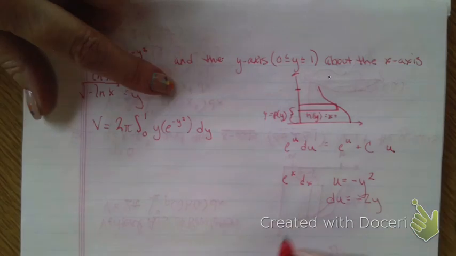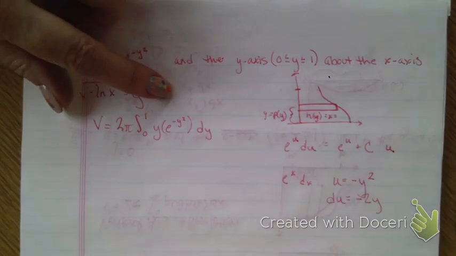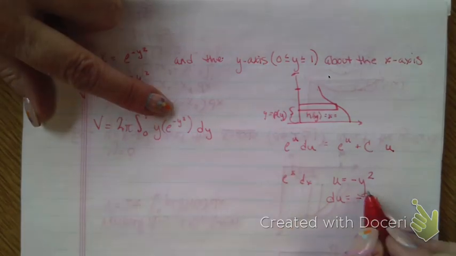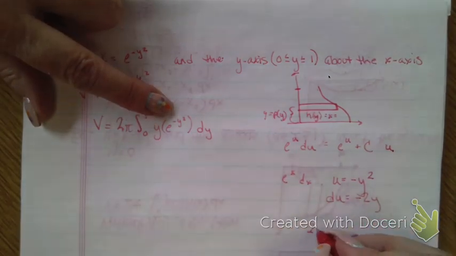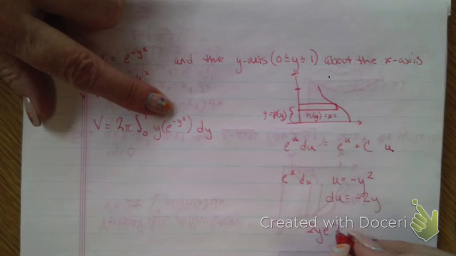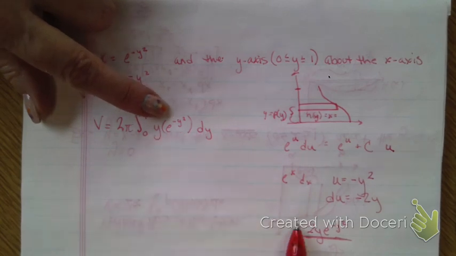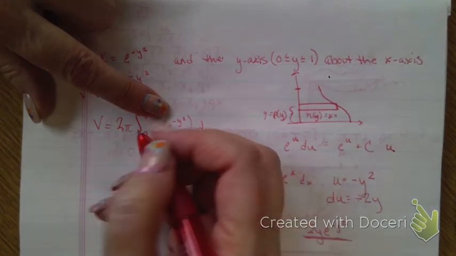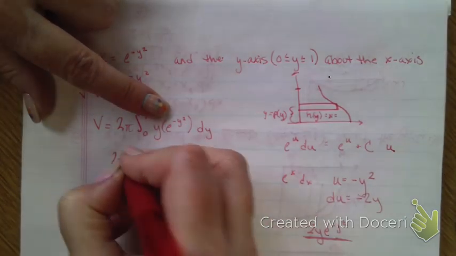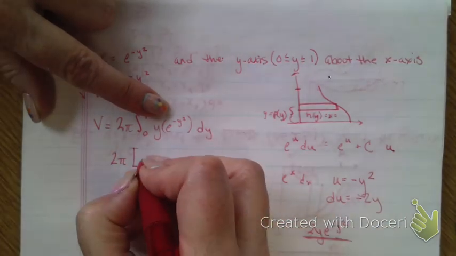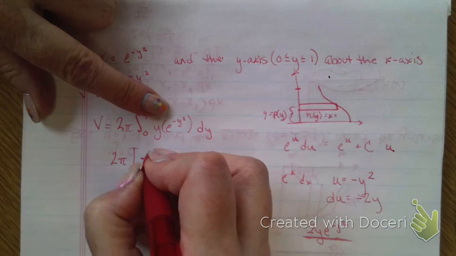Okay, duh, my brain is going nuts. So we should have negative 2y e to the negative y squared. Yeah, that's what we should have if we did the derivative. What are we missing? A negative and the 2, right? So there would be a negative 1/2.